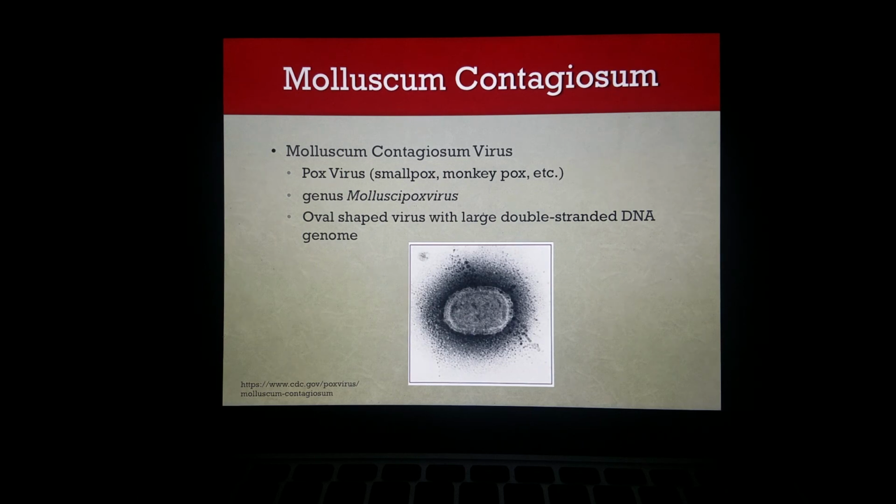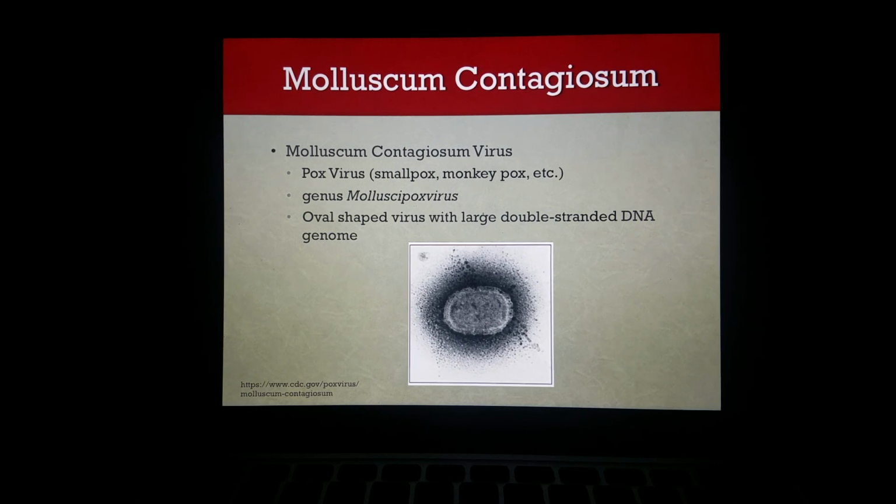Then there's all the fowl poxes, which includes canary pox, pigeon pox, turkey pox, sparrow pox, peacock pox. But you know what it does not contain is chicken pox, because chicken pox is something completely different with the varicella virus. So anyway, in the pox virus, the genus Molluscum virus, it's the only one in that genus.